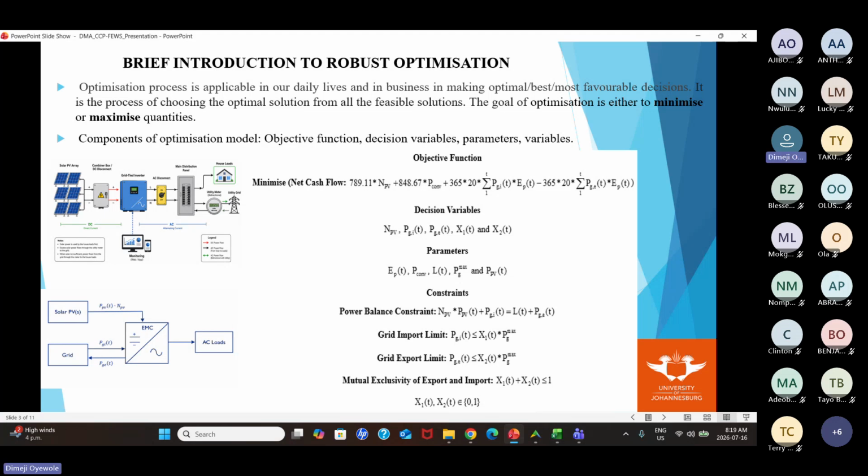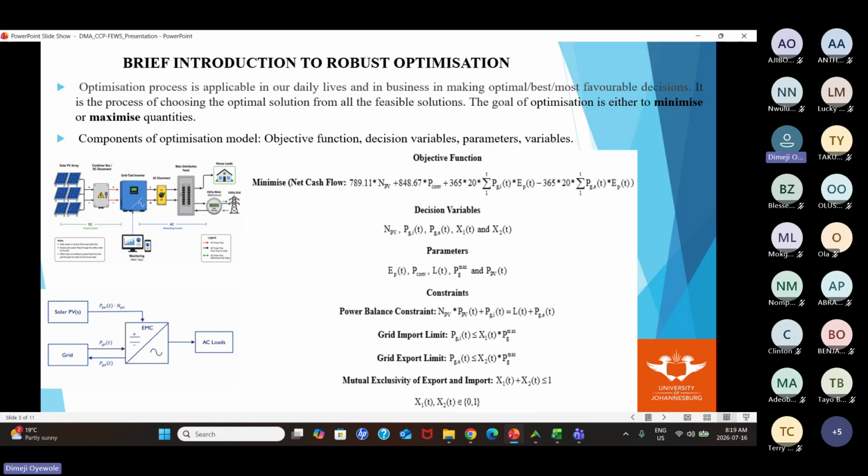You want to consider the environmental factor, how much carbon emission is saved from the environment. You want to do all of those things. So you have multi-objective, different objectives, and then you set your weighing criteria to it. That is the first component of the optimization model, the objective function.